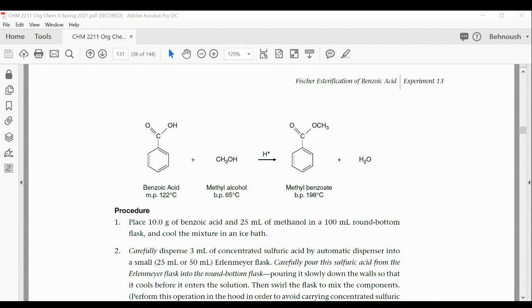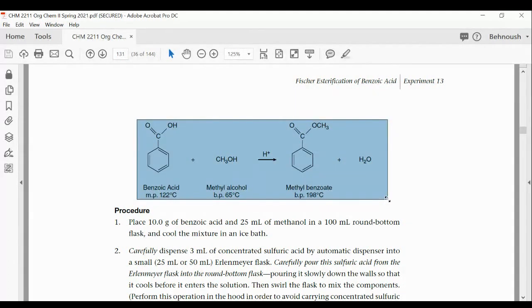Let me check the chat also, a few answers came in. Yes, that is correct. You are going to remove the benzoic acid, because benzoic acid would come into the ether layer since it doesn't dissolve in water. So you have to somehow remove it.